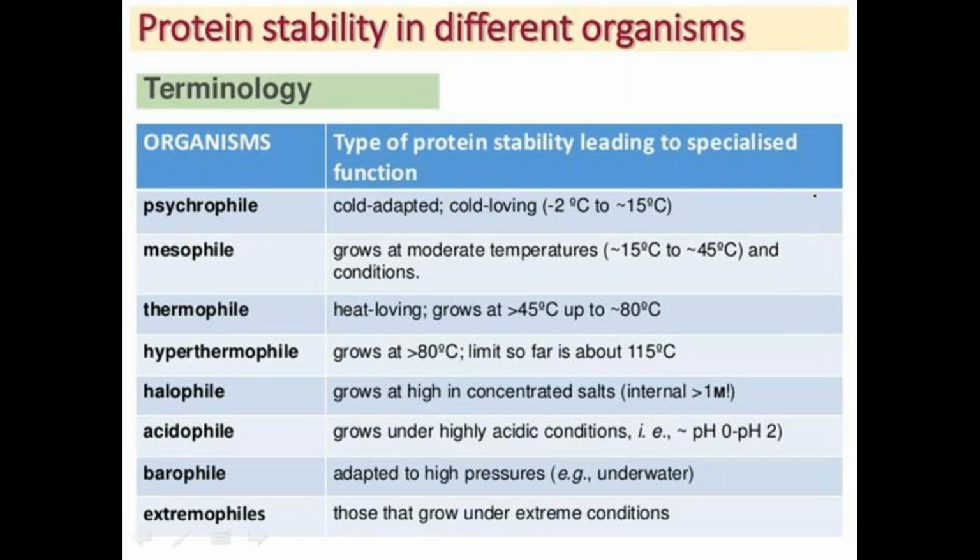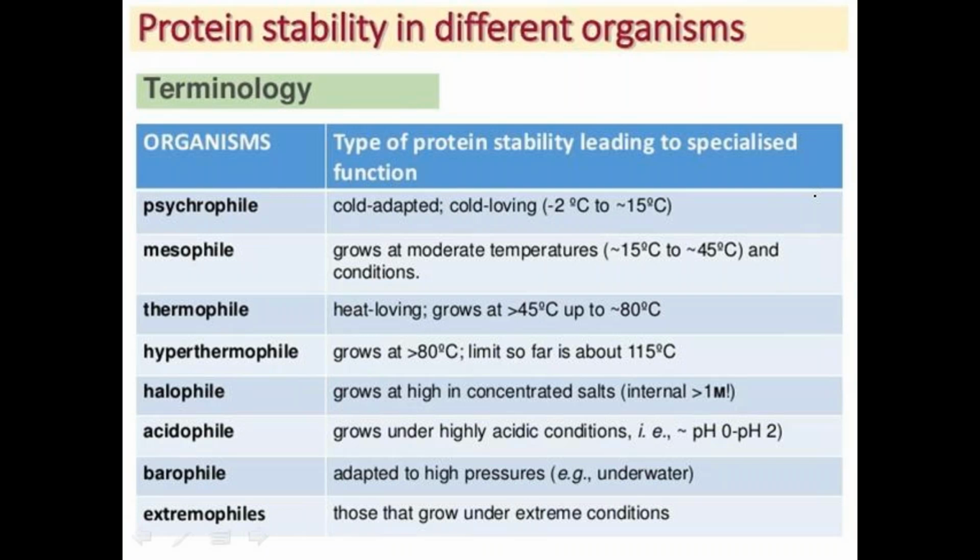And at pressure conditions, they are called barophytes. Different types of organisms are present at different temperature levels, pH levels, and osmotic pressure levels, and different proteins are responsible for maintaining these functions.